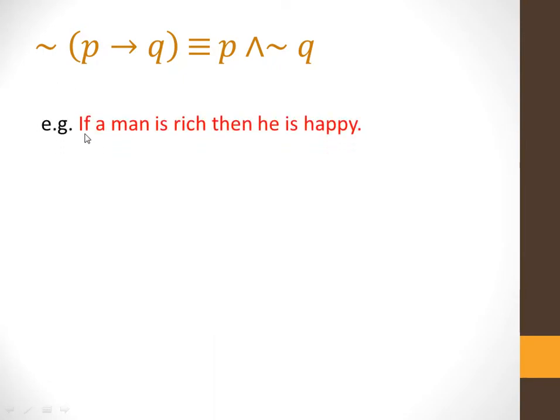Let us take one example: if a man is rich, then he is happy. We have to take the negation of this statement. First of all, consider P is equal to a man is rich and Q is equal to he is happy.